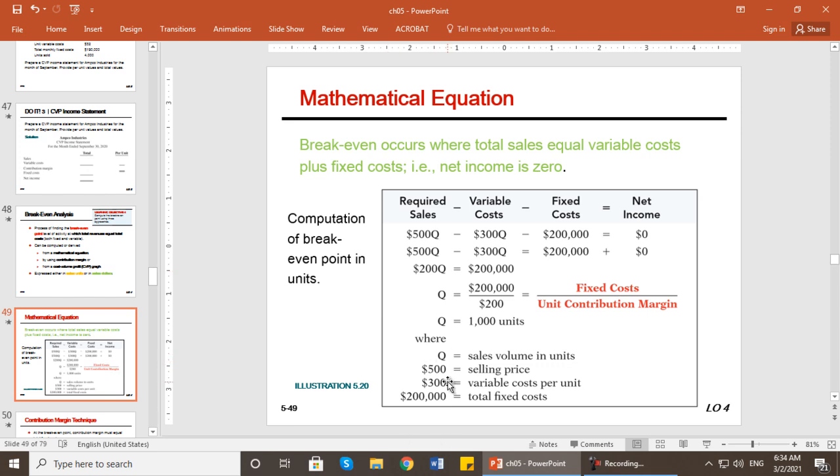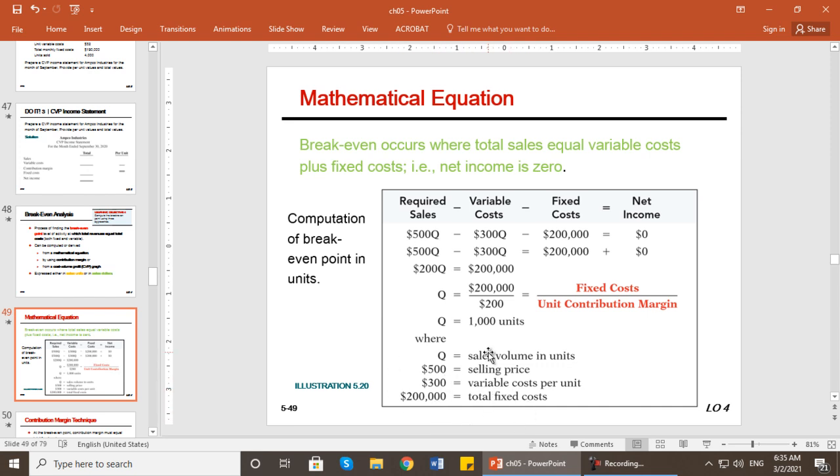Here's the data. Sales value in units is Q, selling price 500, variable cost per unit 300, and total fixed cost 200,000.